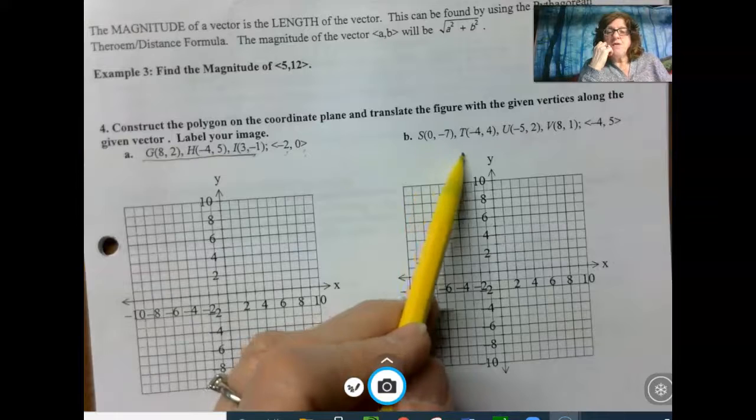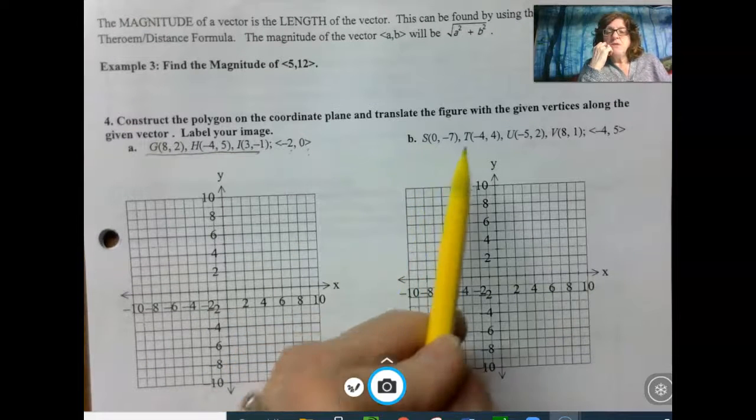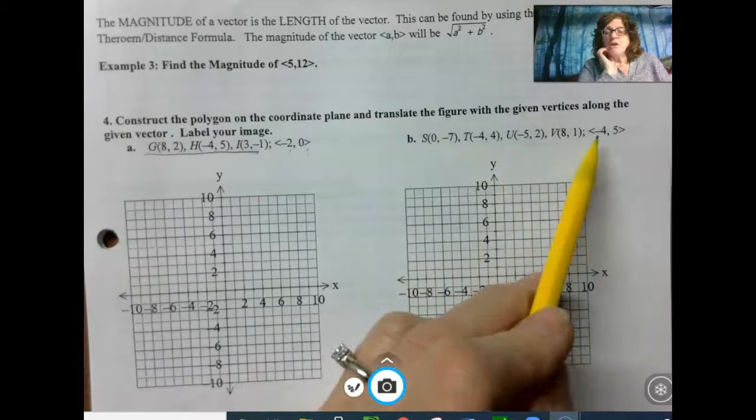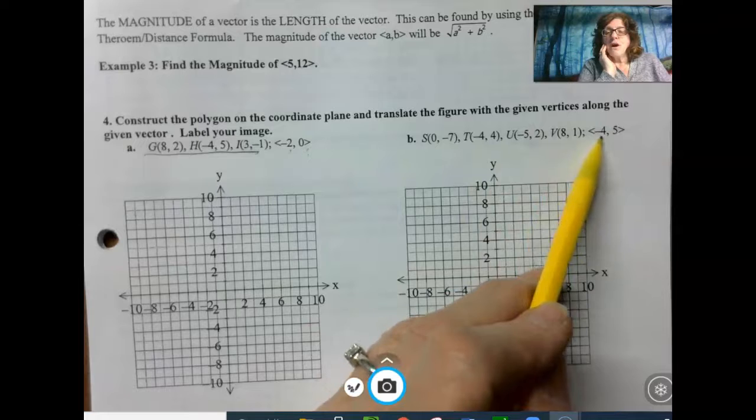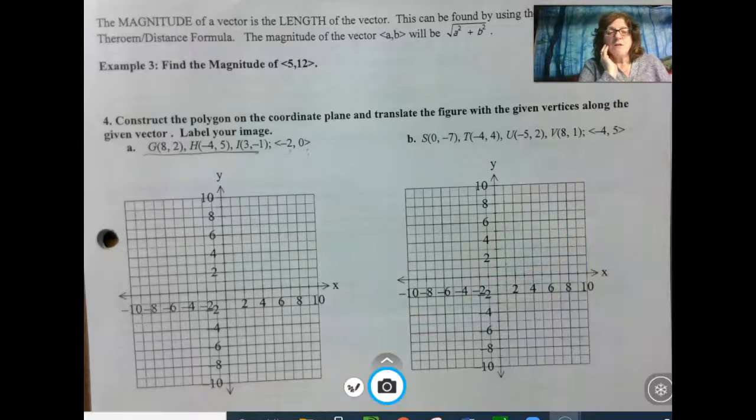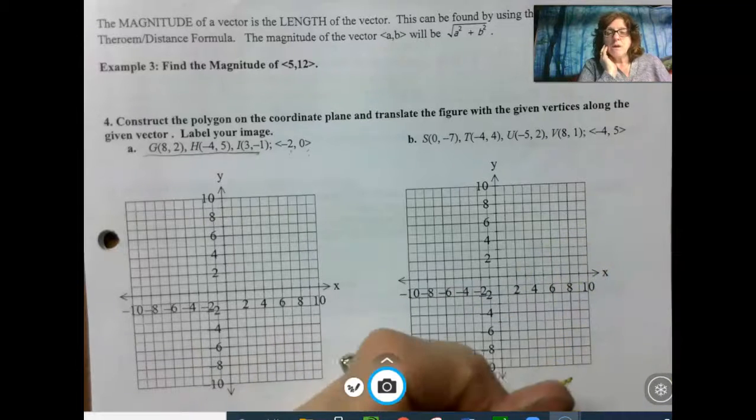And here for part B, you have a quadrilateral, and you're going to move it by a vector -4, 5. So you're going to move it 4 to the left and then up 5. So put the video on pause and see what you can come up with.